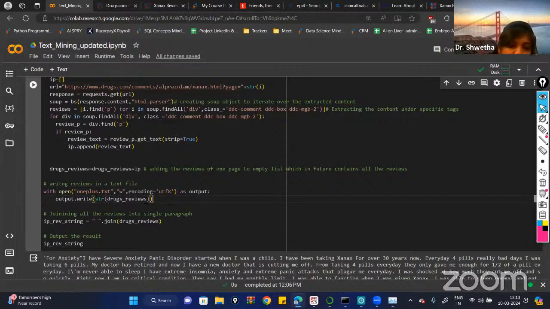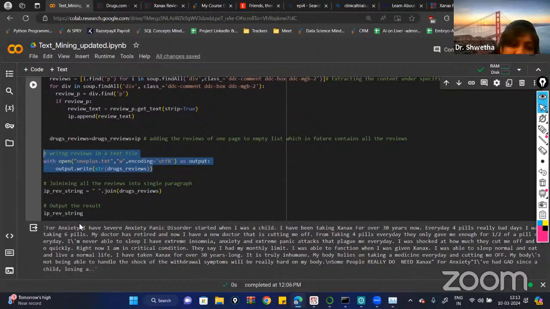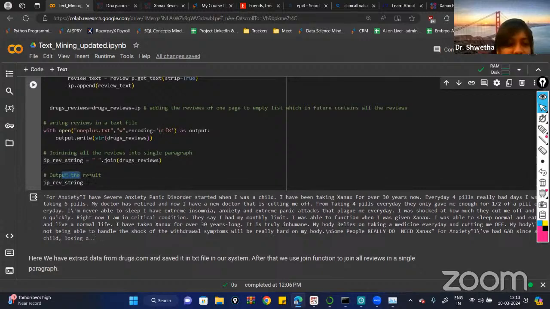So this whole thing will be written in the file. After writing it, we are joining all the reviews into a single paragraph. ip_rev_string equals space dot join of drug_reviews. So all the reviews will be joined with spaces and come under one paragraph. Then we are asking for the output.